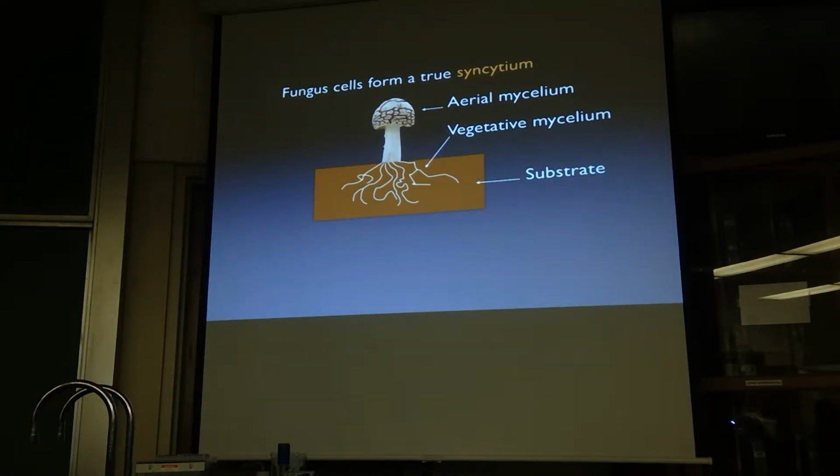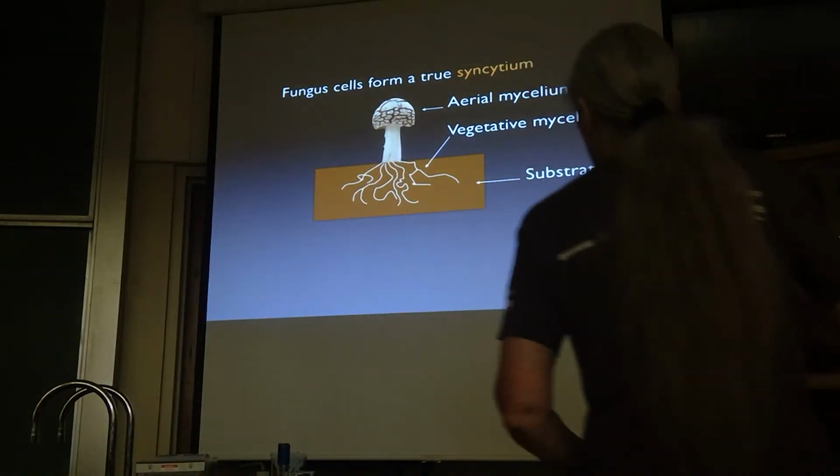Now, up at the top of this says a fungus or the fungus cells form a true syncytium. Anybody know what a syncytium is? A multinucleated mass of protoplasm? A multinucleated mass of protoplasm. So there are some syncytia within our own bodies. The cells of a fungus form a syncytium. This is really important when you look at the structure of the mycelium because only the vegetative mycelium is exposed to the nutrients.